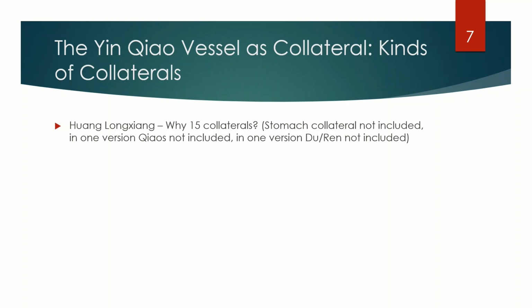And he says, why actually was it just these 15 collaterals that are mentioned in LS10? And he says, well, the reason is actually because, again, I talked about this a little bit in the last talk, it's about numbers and the importance and the significance of certain numbers.